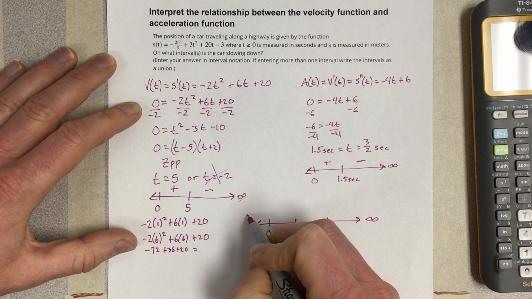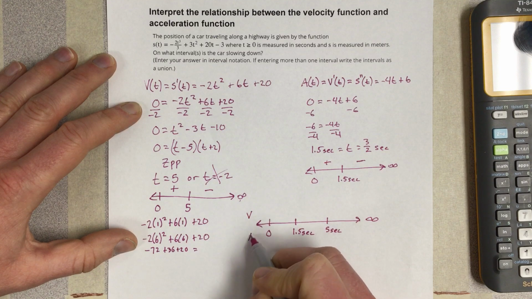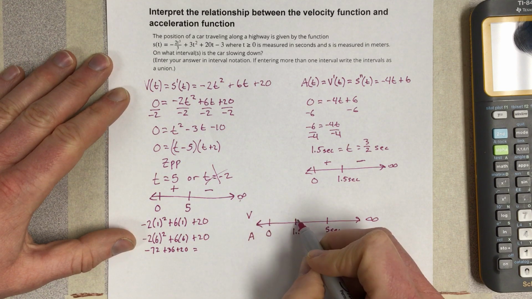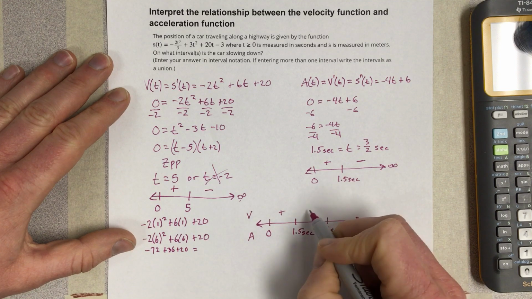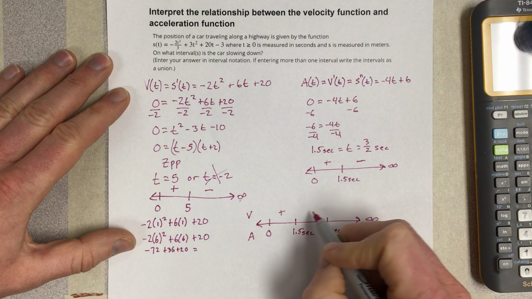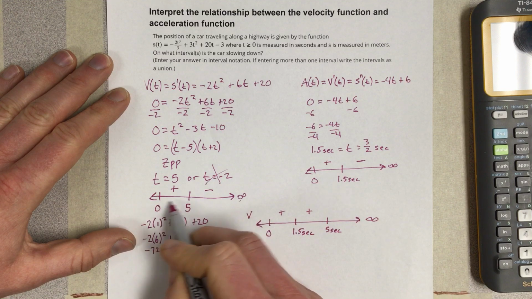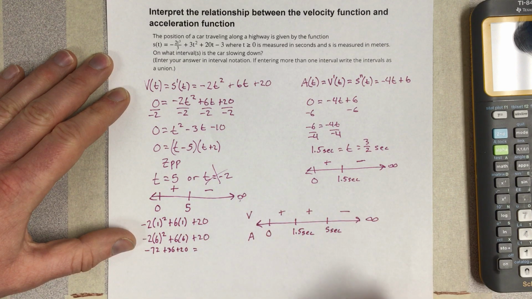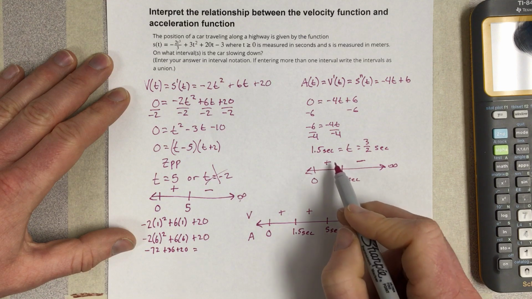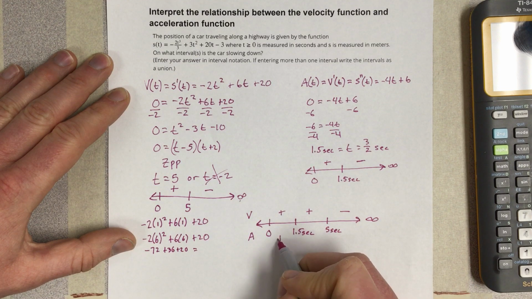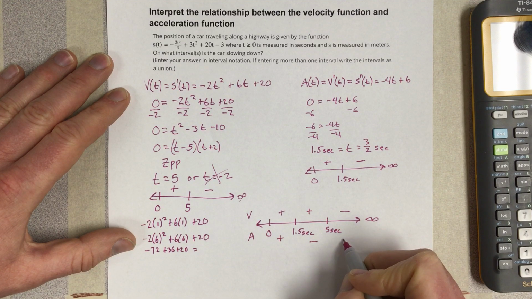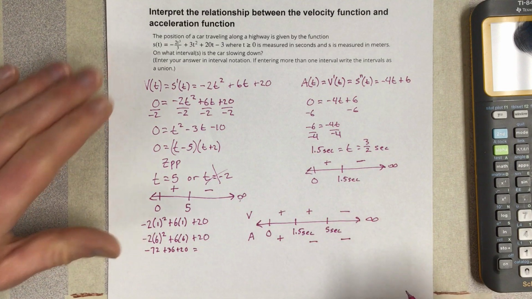We'll map velocity on top, acceleration on the bottom. The velocity from 0 to 1.5 is positive. The velocity from 1.5 to 5 is positive because it's positive from 0 to 5. And then afterwards it's negative. Now for the acceleration, it's positive from 0 to 1.5. Then it's negative from 1.5 to 5 and from 5 to infinity.